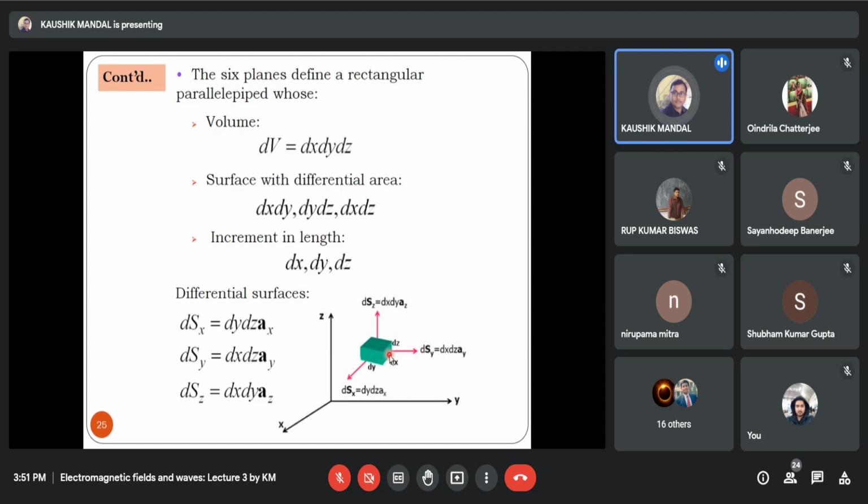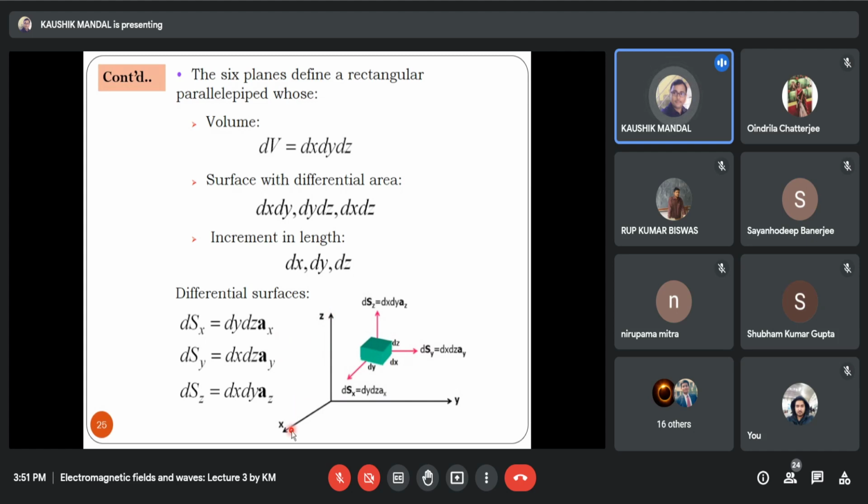Now what will be the normal unit vector? Unit vector means what, how have you defined the unit vector? A small vector that is normal to this surface. So if you draw a normal to this particular small surface, xz, dx dz, it is nothing but this plane, the xz plane.